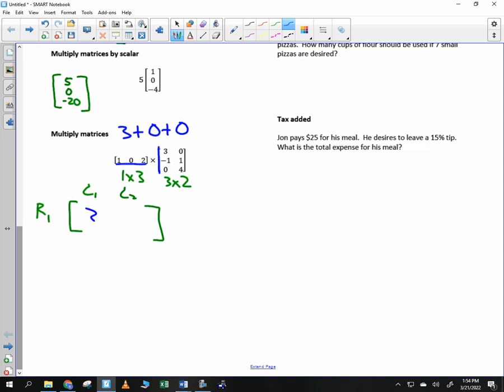So 3 is the row 1, column 1 entry. Then we take row 1 times column 2. 1 times 0, 0 times 1, 2 times 4, and so you get 3, 8 as your new matrix.